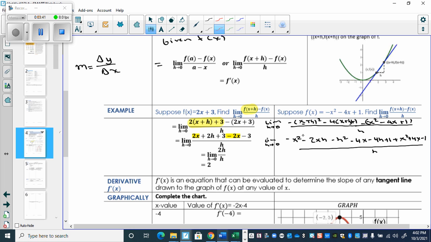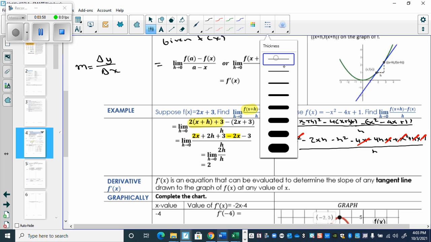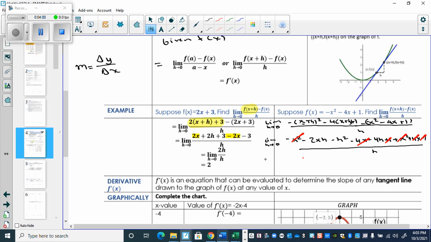So here I'm going to cancel some things. These x squareds cancel. My 1 and my negative 1 cancel each other out. My negative 4x and my positive 4x cancel each other out. And then I'm left with all these h terms here. So I'm going to rewrite the limit as h goes to 0. And if you notice, my limit notation goes all the way down. It's as organized as it can be here.